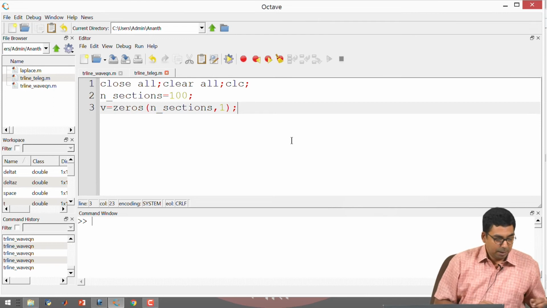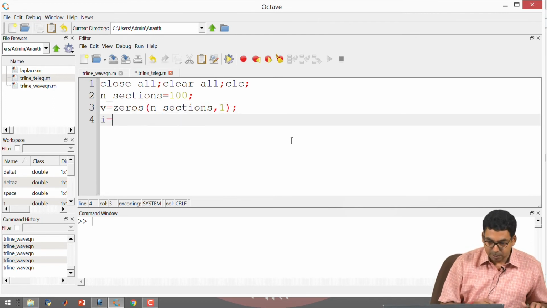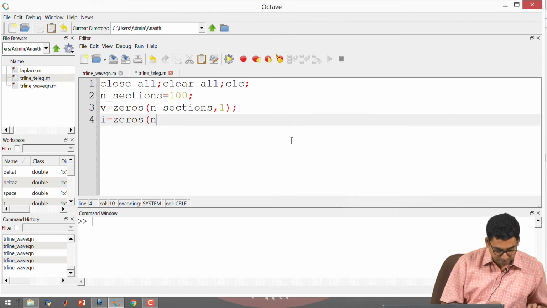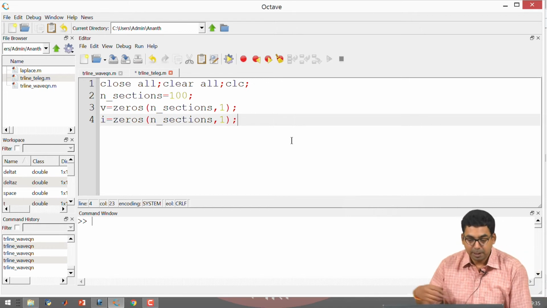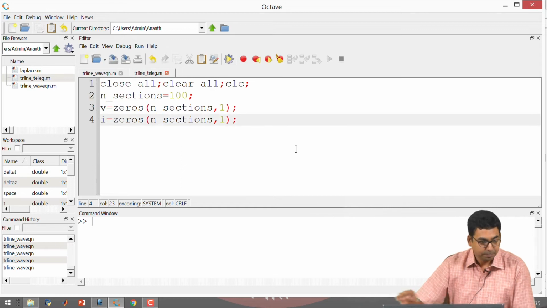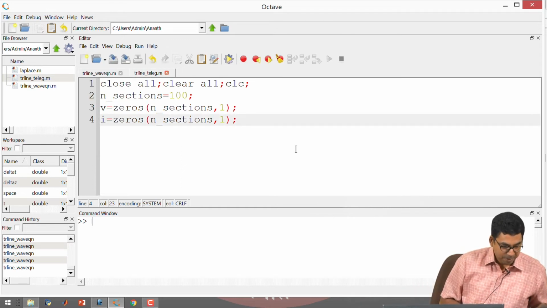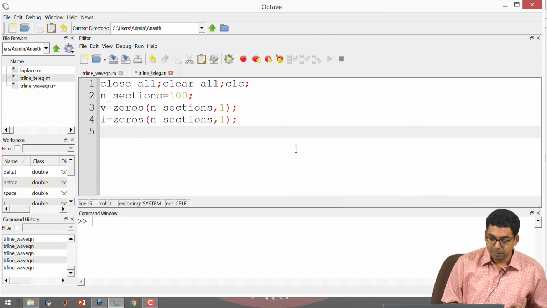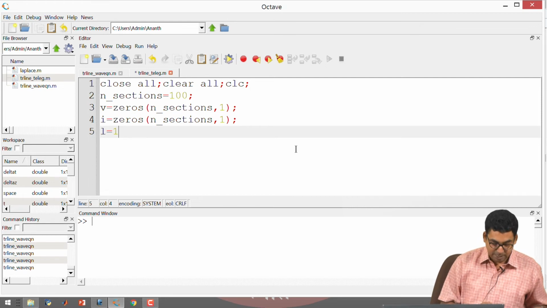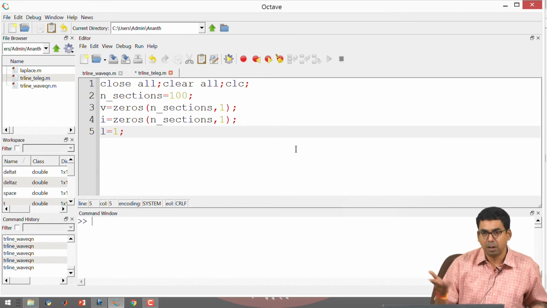Now, unlike the wave equation, we also need to define our current. Current is going to have the same dimensions as the voltage vector that we have defined. Just to be clear and consistent with the class notes, I am using an ideal lossless transmission line, and I am just assuming L to be equal to 1, whatever units you want to plug in.